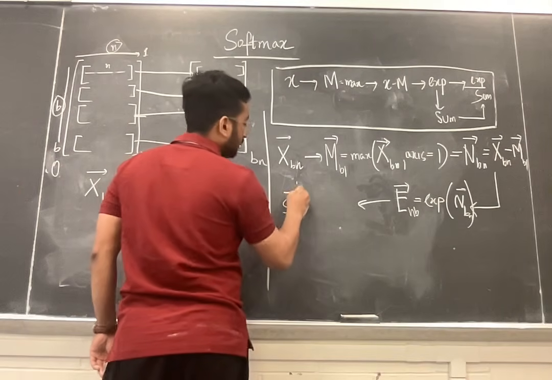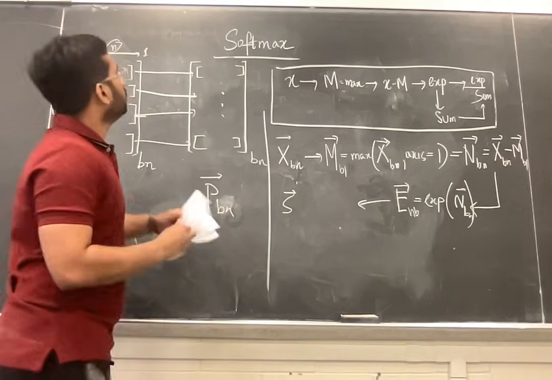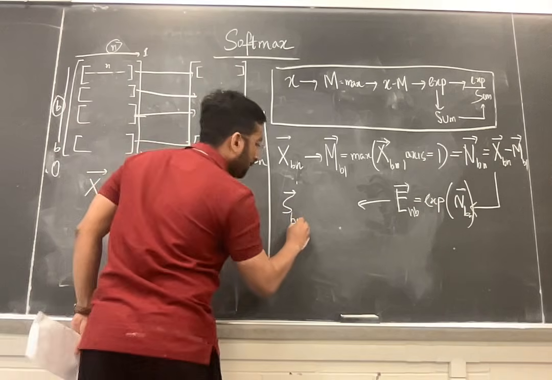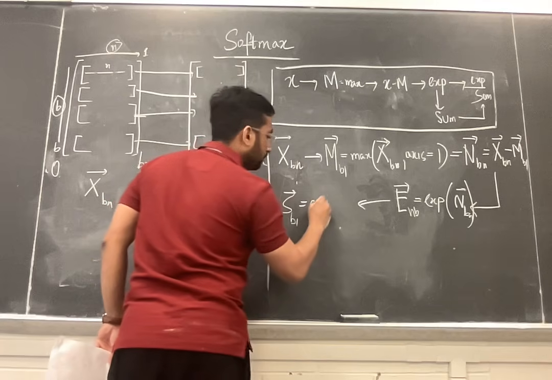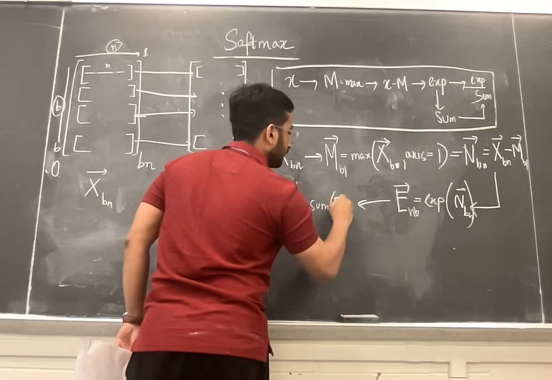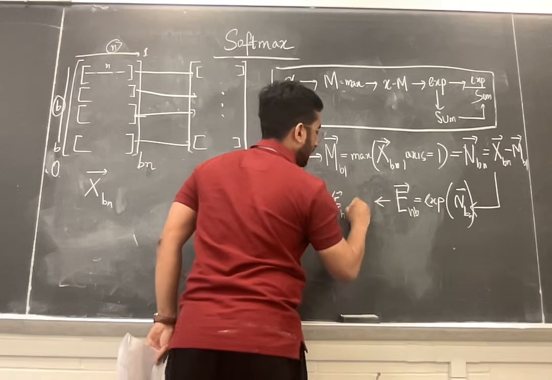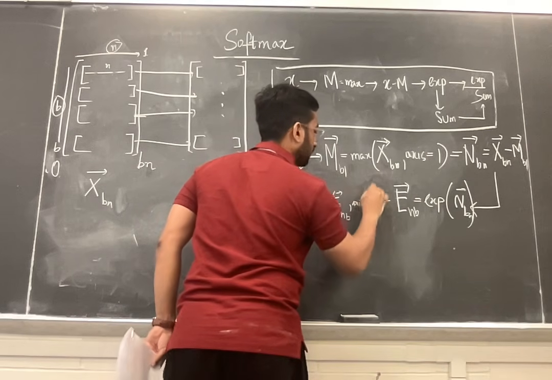So S, the summation, will again be of dimension B1, and is the sum of E, with axis equal to 1.